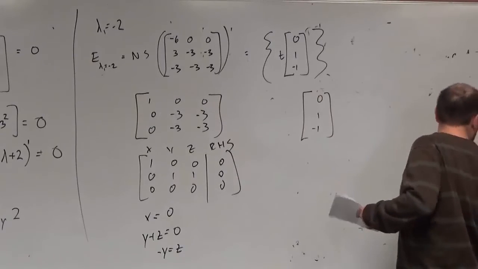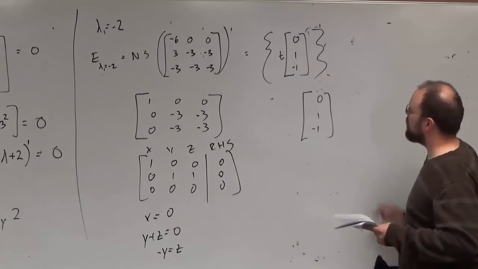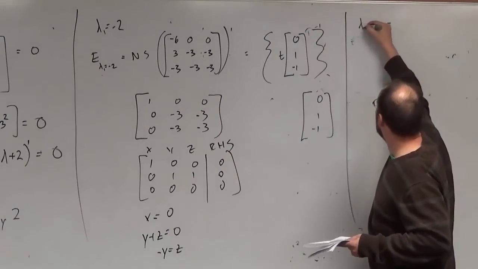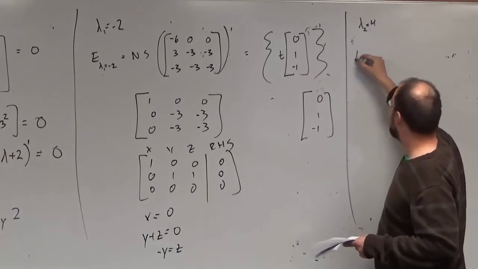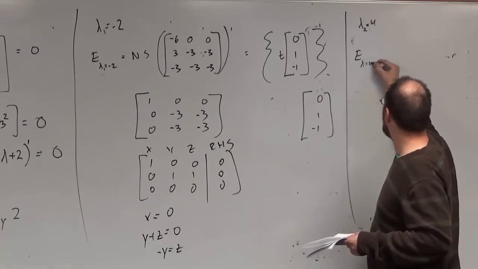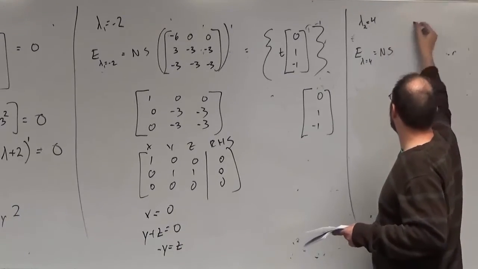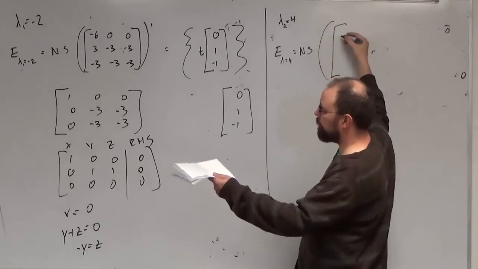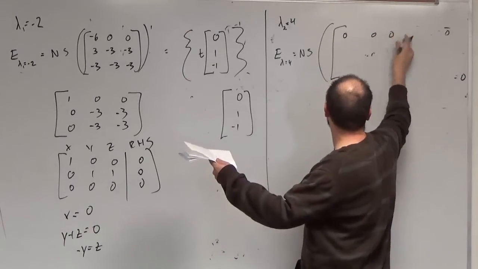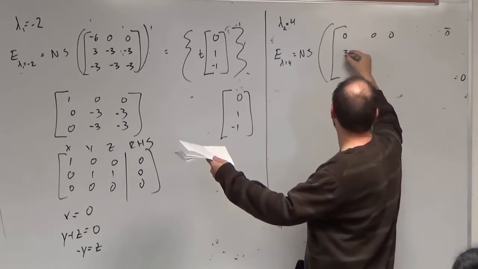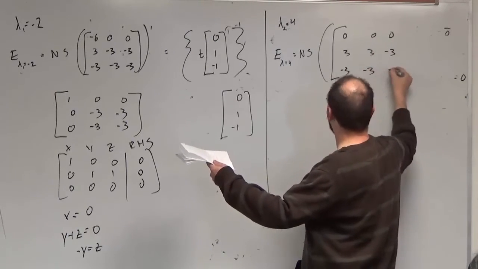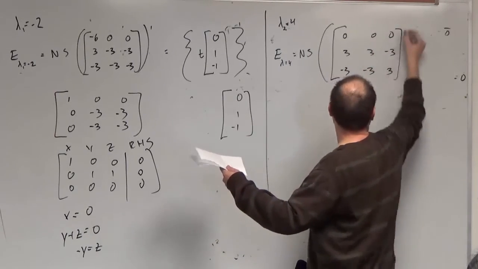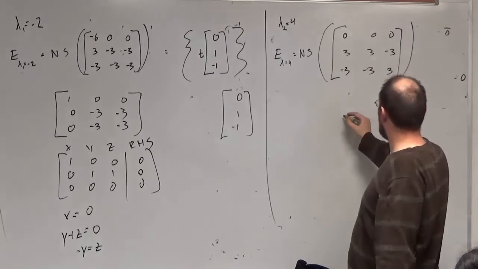Next, we find the eigenspace for lambda equals 4. Again, we're just looking for the null space of the matrix. So this reduces nicely as well.